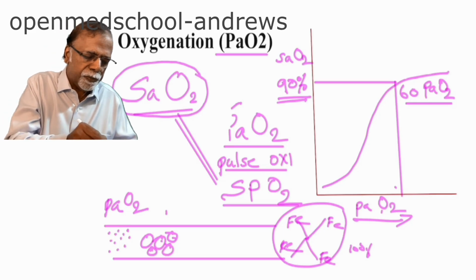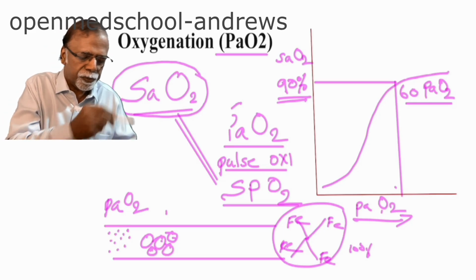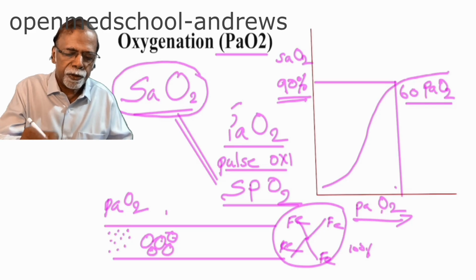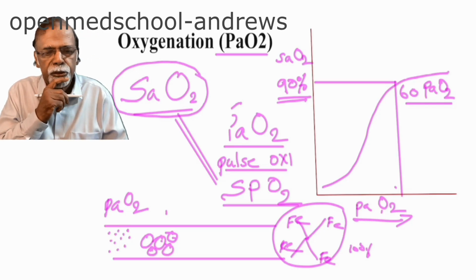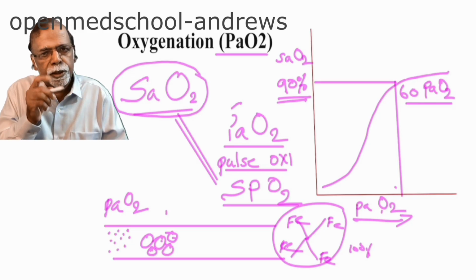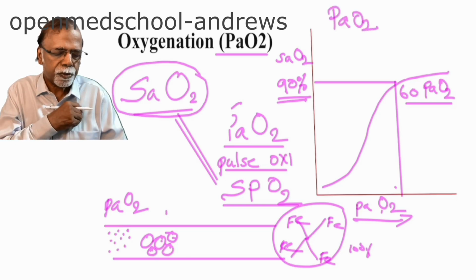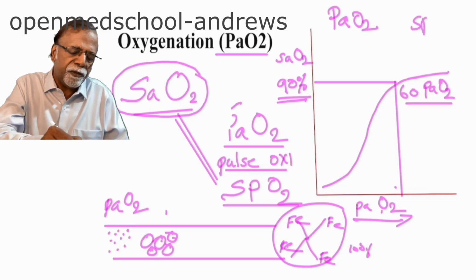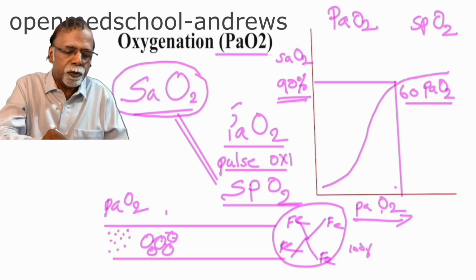SaO₂ is the same saturation of oxygen calculated using the oxygen dissociation curve. So now I think we have understood what is PaO₂, SpO₂ and SaO₂. Sometimes there can be a significant difference between PaO₂ and SpO₂.